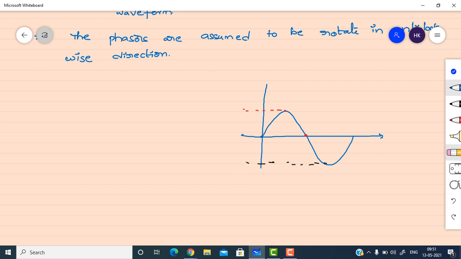So I will repeat again. How the phasors are rotating in anti-clockwise direction, that's what I am representing here. So this is the sine wave, and I want to represent the phasor for this.